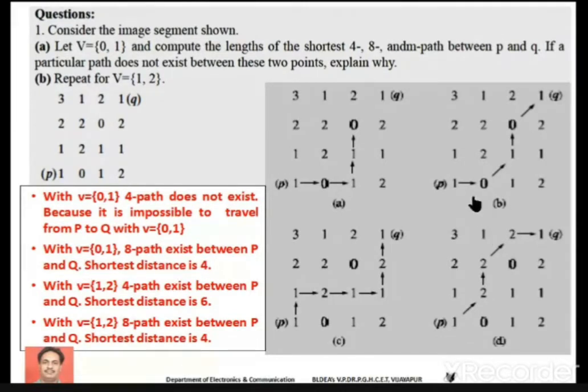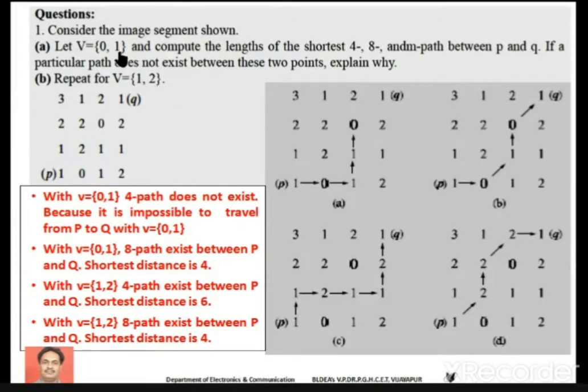Now the question is, what is the shortest distance? The distance you have to calculate. Distance means just count the number of arrow marks you have drawn on the diagram. 1, 2, 3, 4. So the shortest distance is equal to 4. But students, don't think that there exists a unique path. There might be multiple paths between P and Q with V equal to 0, 1.